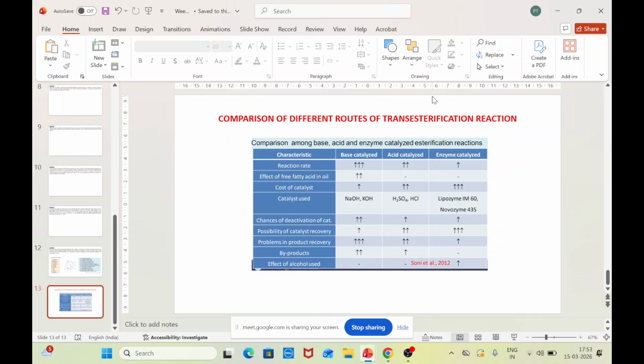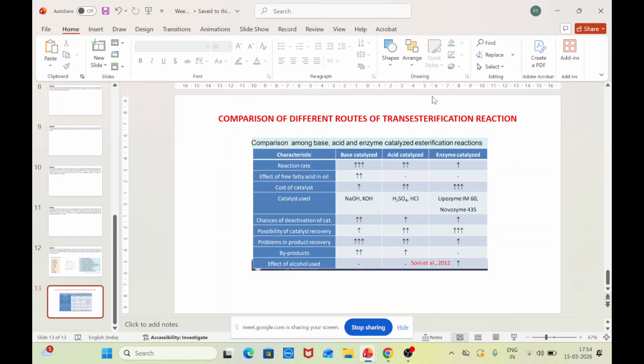Again, base has its own limitation, because if free fatty acid is present in excess, then it may react with the sodium hydroxide or potassium hydroxide to form more soap. The formation of more soap will affect the quality of the glycerin that you will get. So the biodiesel's quality at the end of the transesterification process is going to be low.